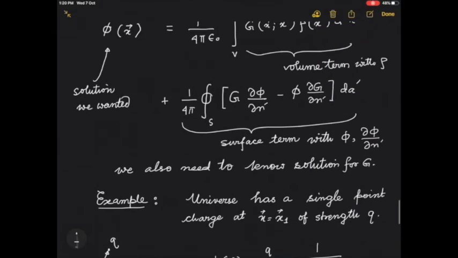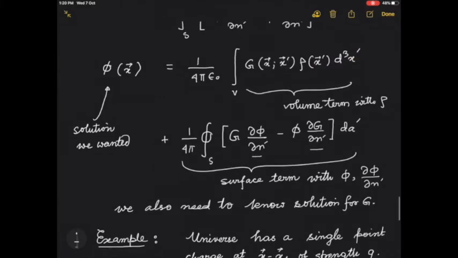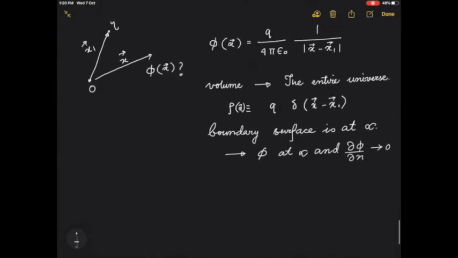Say phi and del phi del n are 0 at the boundary. I don't need to integrate the surface term because it's all 0 at the boundary. If I integrate 0, I'll get 0. The only thing I need is the first term, 1 by 4 pi epsilon naught, g and then rho.